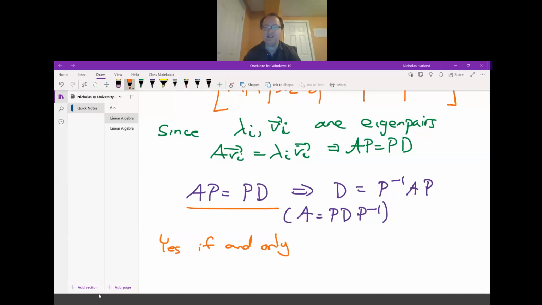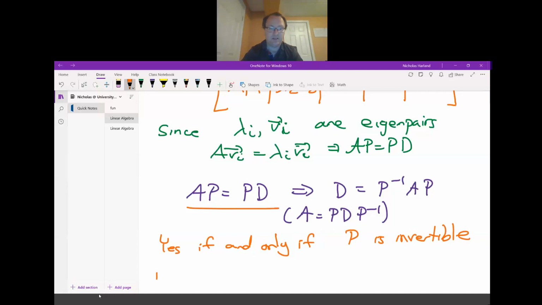That doesn't guarantee us that P is going to be an invertible matrix. For example, if we had the same eigenvalue twice, and we took eigenvectors that were just multiples of each other, then it wouldn't be. Then the determinant would be 0, and therefore, it wouldn't be invertible. So we can do this if and only if P is invertible.